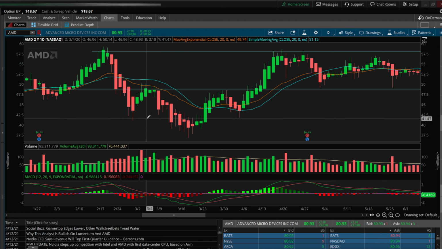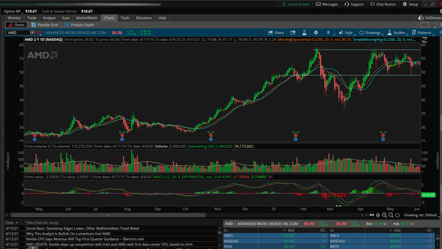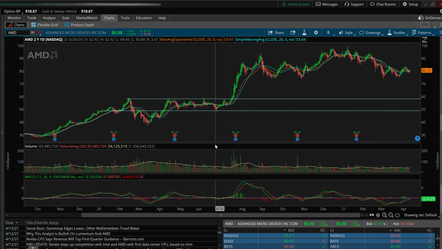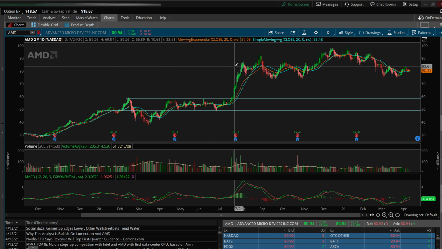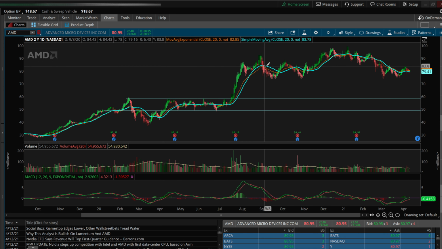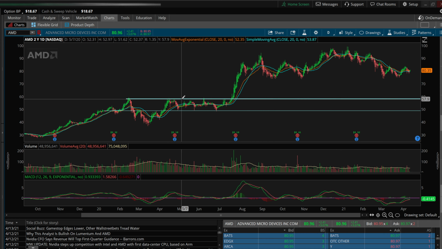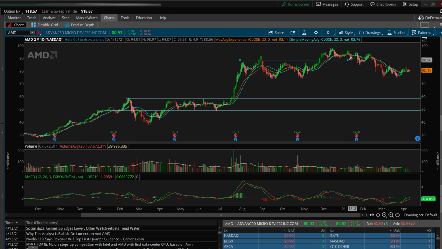And then this would be your support line. But anyways, the overall pattern that I'm trying to point out here is that we went sideways and then we ran up. So now we're going sideways, essentially, just a little bit more of a wider range than down here. So going sideways.